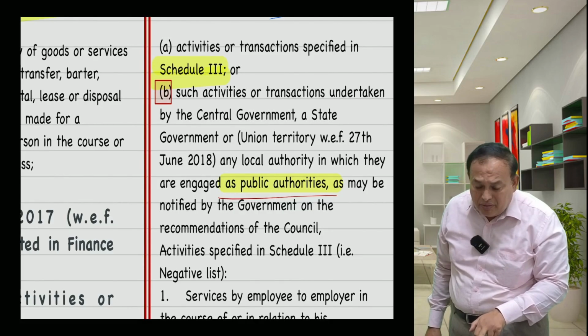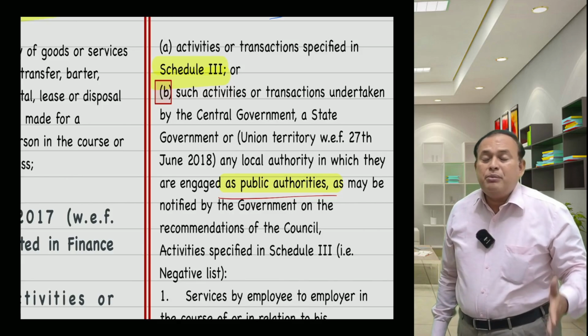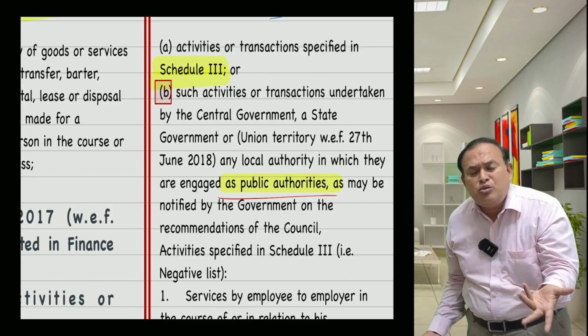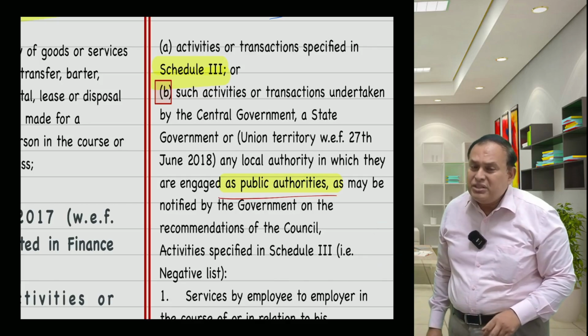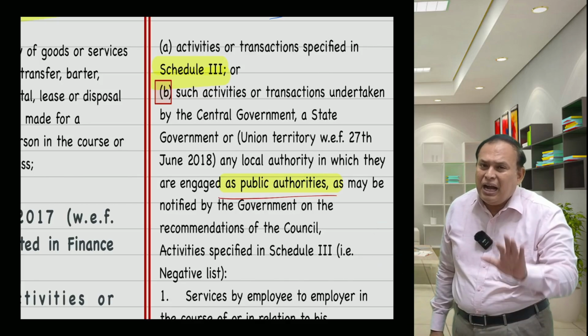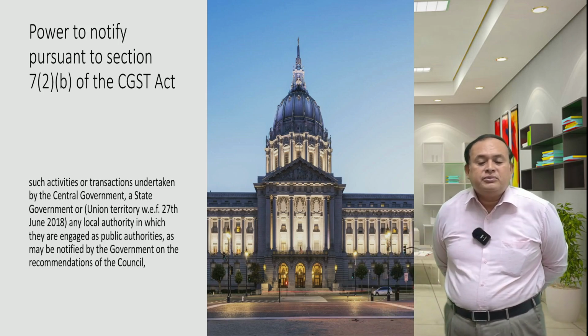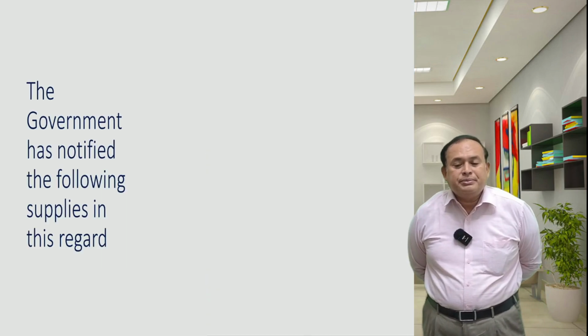Such notified services called public authority services supplied by the central government, state government, union territory or local authority do not attract GST because supply excludes it, which does not attract GST. I won't say exempted, it is excluded from the scope of supply. What are they? 1. Such activities as public authorities. What are those activities? 1.